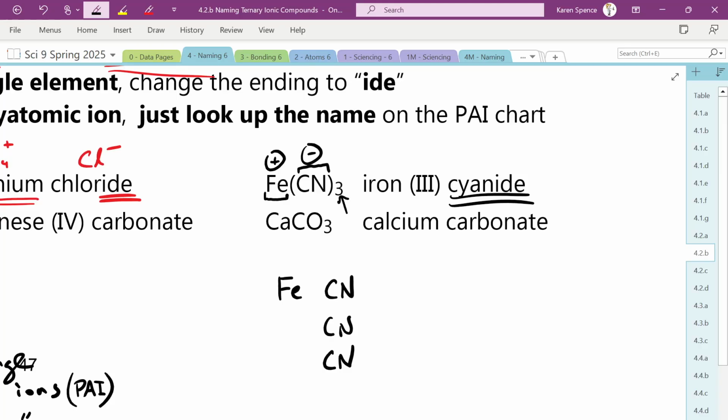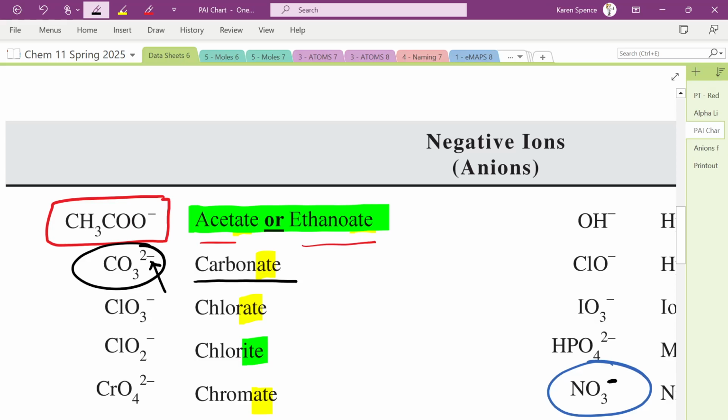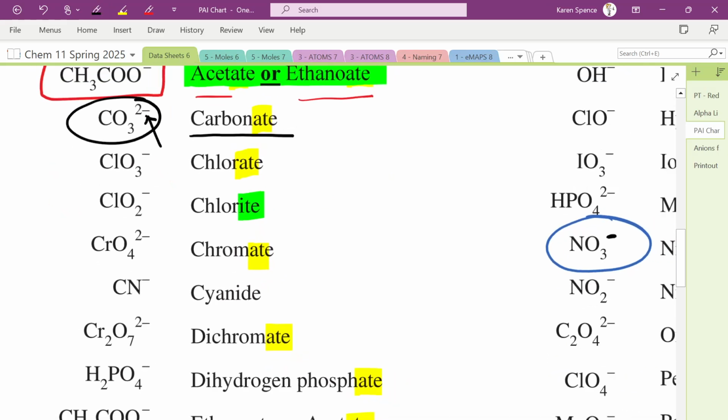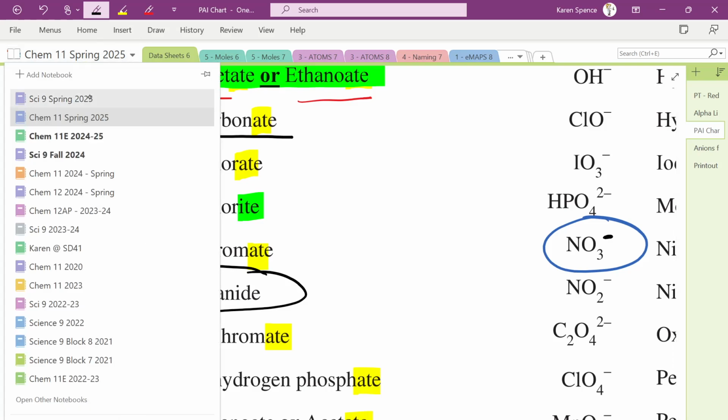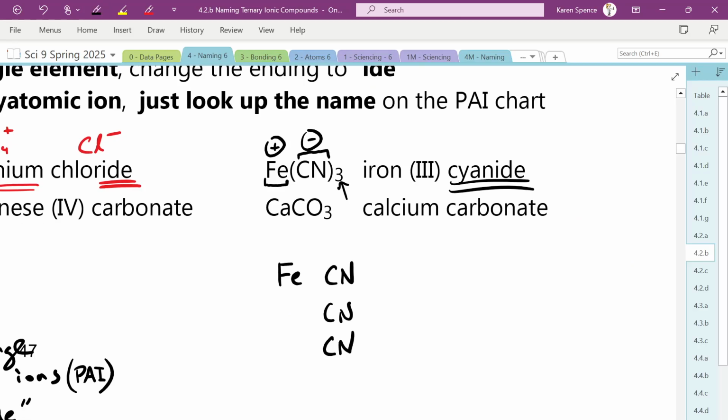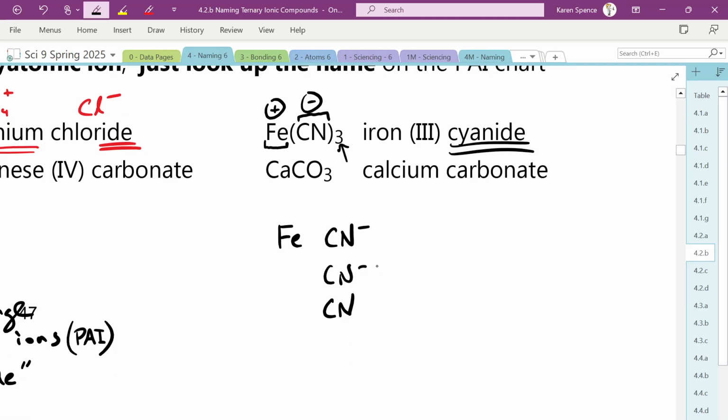Let's see if we can find cyanide on our data sheet. There is Cn, cyanide. Cyanide is -1. We just looked it up. So when we add that up, that's -3. That means that the iron has to be +3, and there's only one place to put it, so that's going to be +3. So iron 3 cyanide.